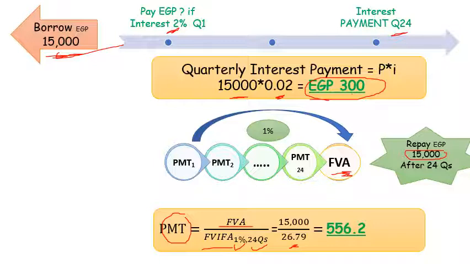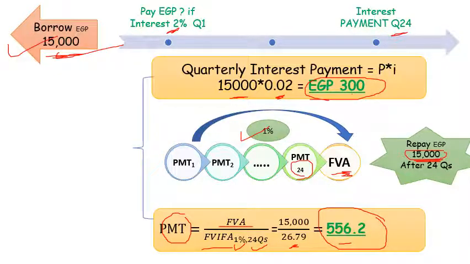So we will get 556 Egyptian pounds, which means at the end of each quarter, the borrower will deposit 556 Egyptian pounds to grow at 1% over 24 periods to get 15,000 Egyptian pounds, by which he or she will repay the principal.